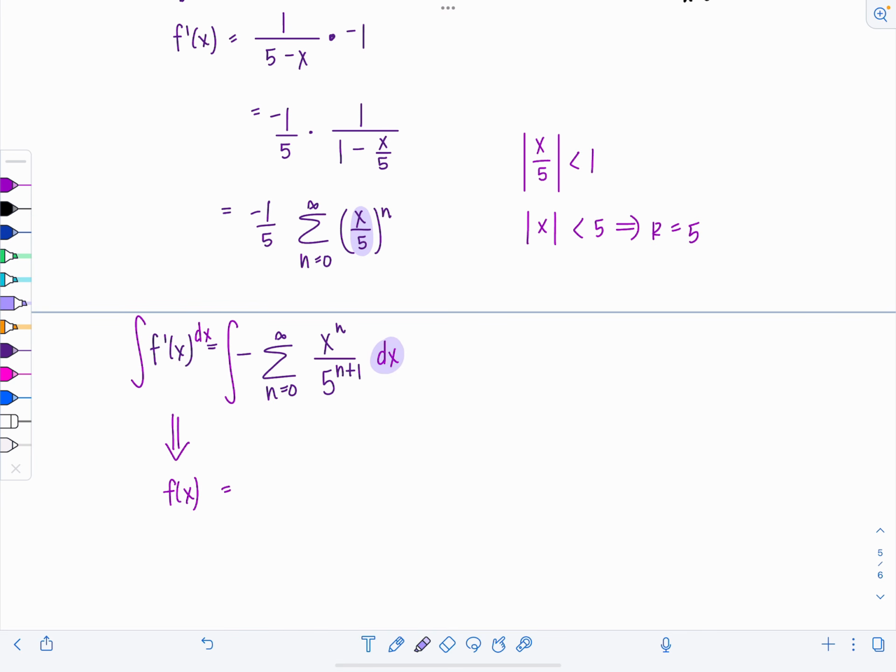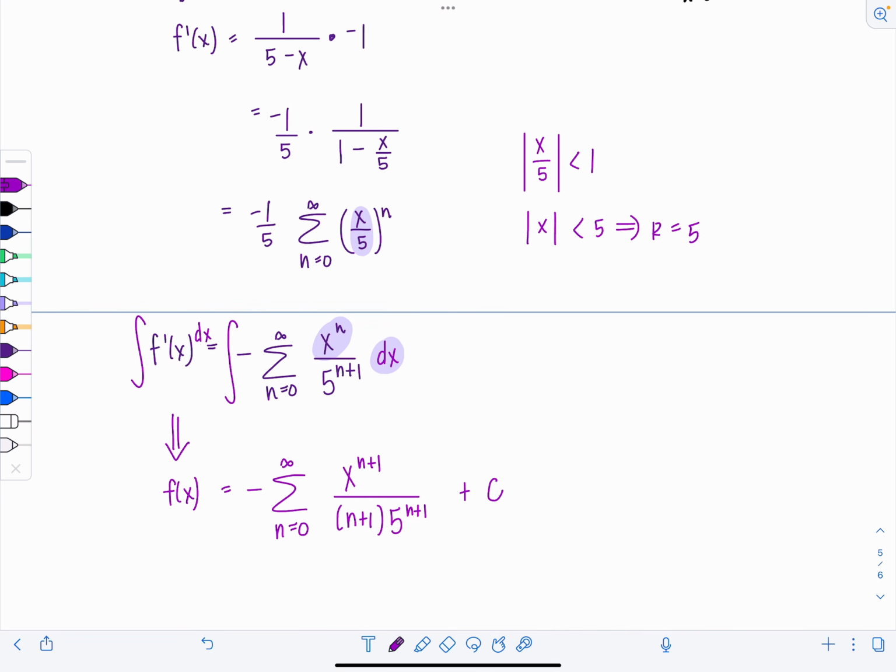So focus on where x is because nothing else is changing, okay? In fact, just rewrite it right now so you stop stressing. This negative, keep that there, n equals 0 to infinity. When you integrate, you add 1 to the exponent, so it's going to be x to the n plus 1, and then you divide by the new exponent. And then I still have that 5 to the n plus 1 down there, plus c.